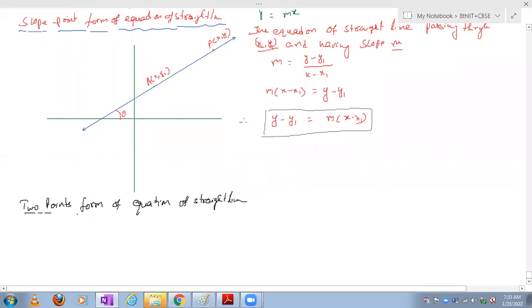So what does the two-point form of the equation of a straight line mean?